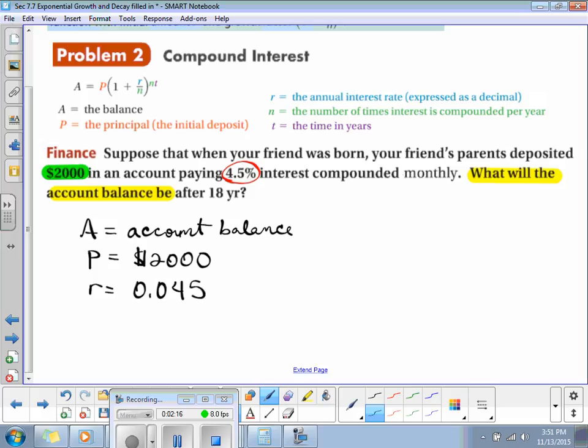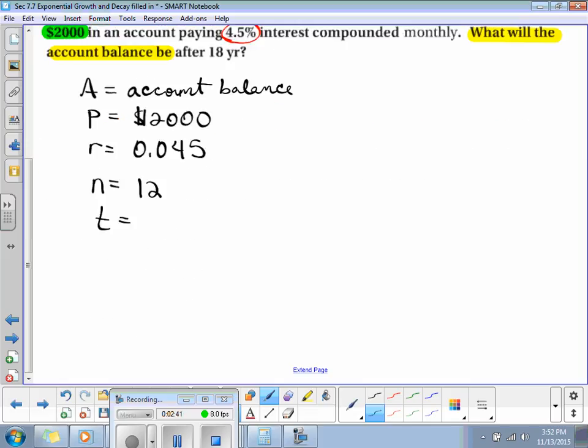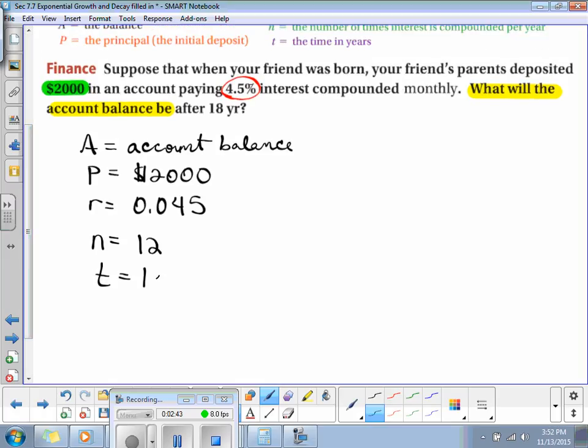The N is equal to the number of times the interest is compounded per year. All right. So it says it's compounded monthly. So how many times per year is that? 12. Very good. So that's 12. And then the T is the time in years, which is 18 years.